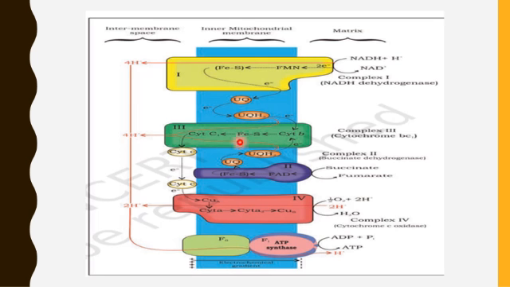In this image you can see the electron transport chain present in the inner mitochondrial membrane. So these are FMN, FeS, this UQ means ubiquinone, UQH2 means reduced ubiquinone.